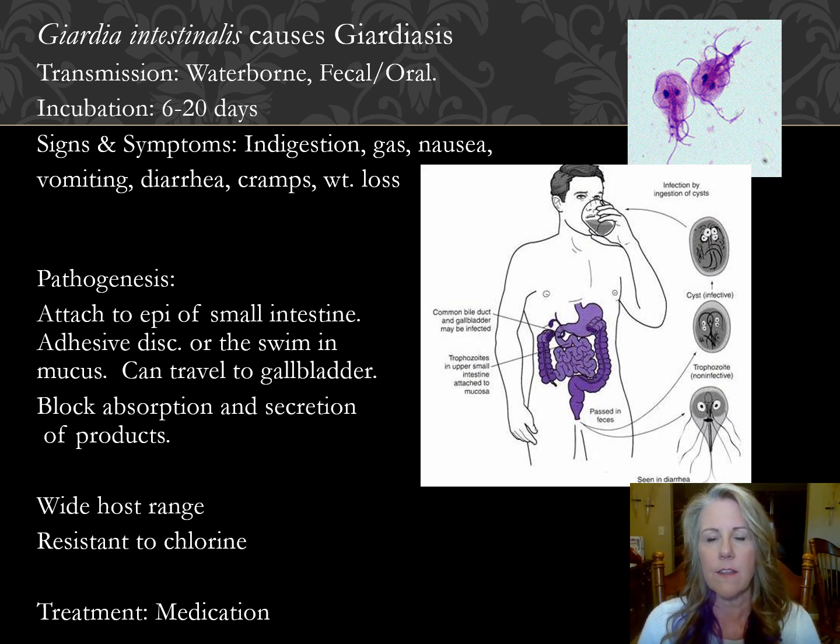You can see the darker purple on that picture, and that's an adhesive disc that they use to suction, kind of like suction cups, to hold on to the cells in the small intestine. They also have flagella, which you can see as well. They're able to move around within the mucus of the small intestine, but they can also adhere to those cells using that adhesive disc. These organisms can travel to the gallbladder. What they do is block absorption and secretion of certain products. We just talked about how that can affect the small intestine.